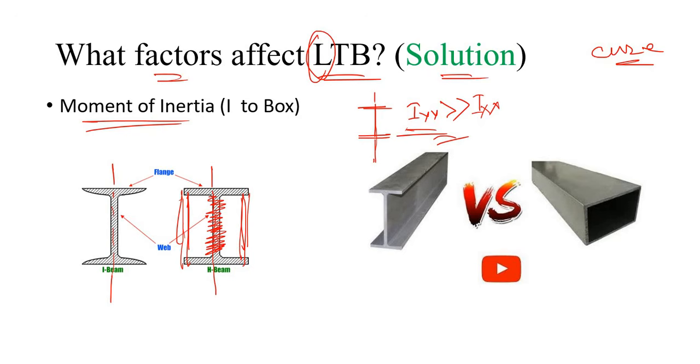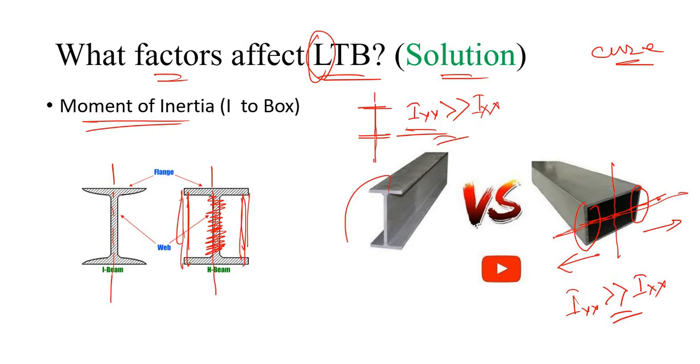Definitely the moment of inertia about the minor axis and major axis is more or less the same, or if we place these two vertical webs far away, then we can create this situation, and lateral torsional buckling will be eliminated compared to this one.